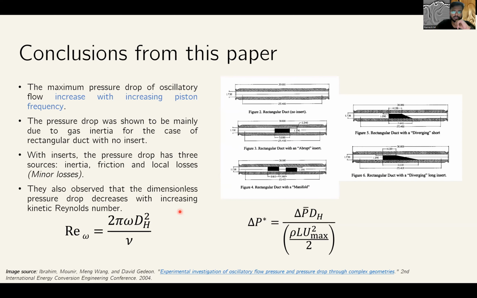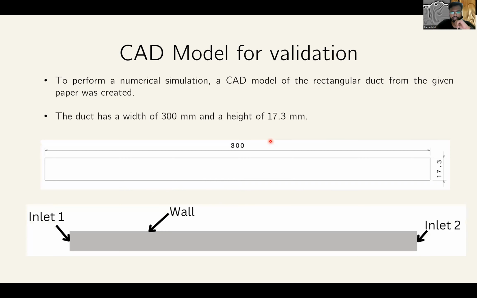We also concluded that the pressure drop doesn't only depend on the frequency itself, but also on the inertia of the gas and the local losses, like the profile of the obstruction and the friction from the walls. For validation of numerical results in phase 2, we simulated a simple rectangular section with two inlets, and the geometry is made from the paper itself.